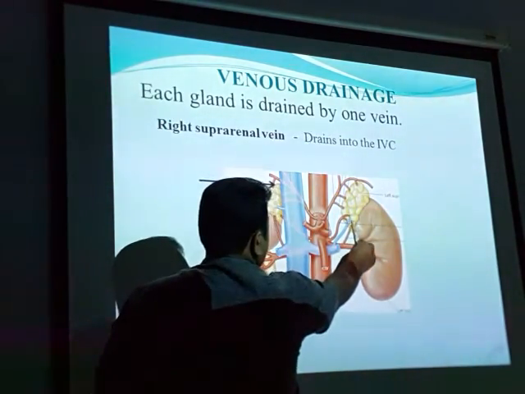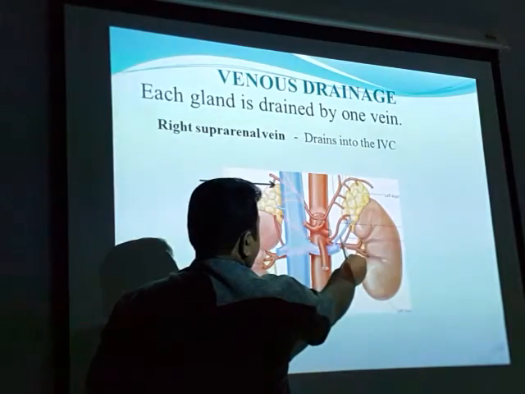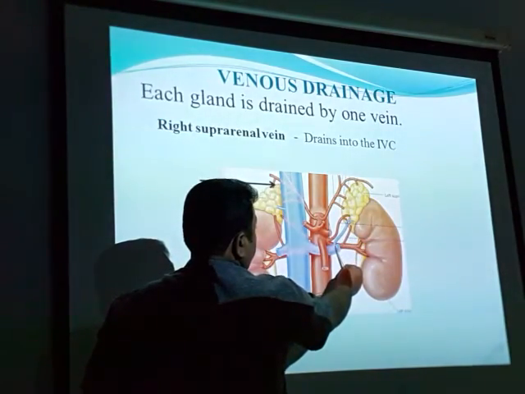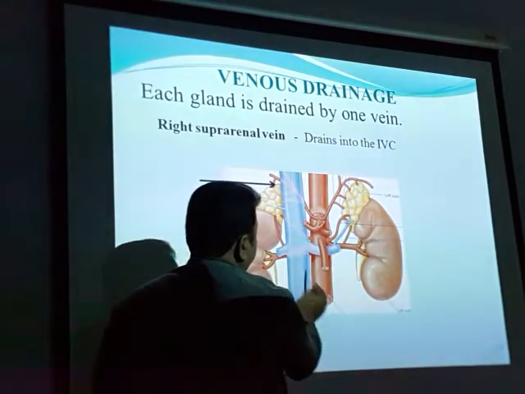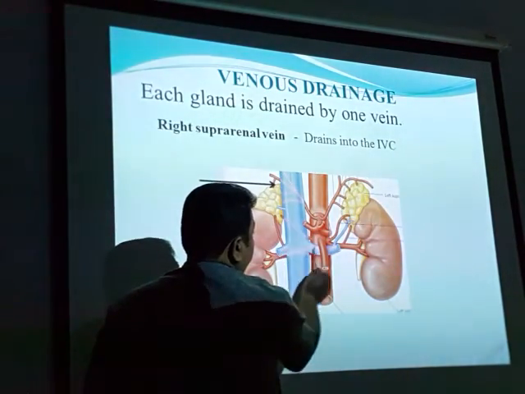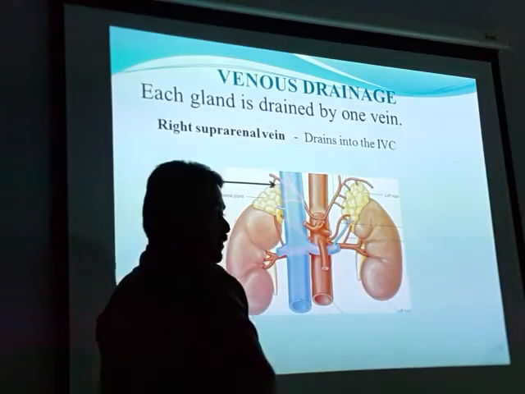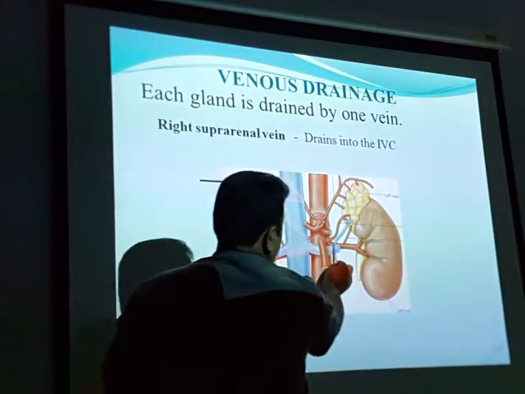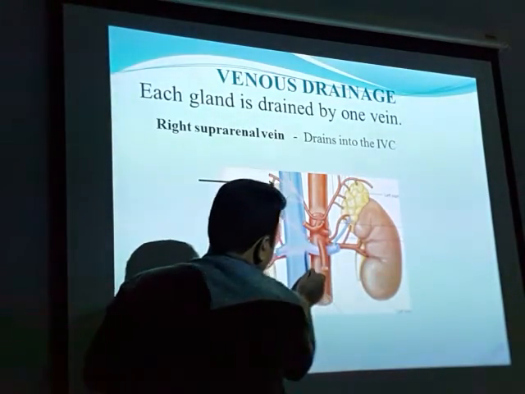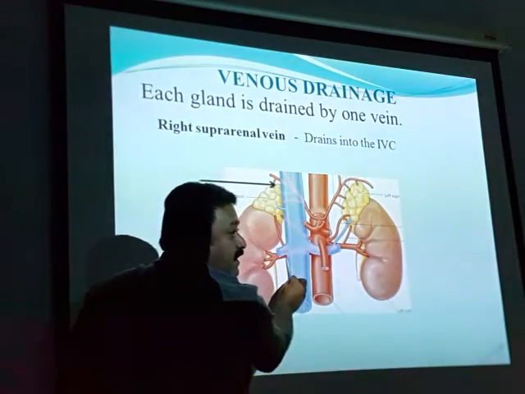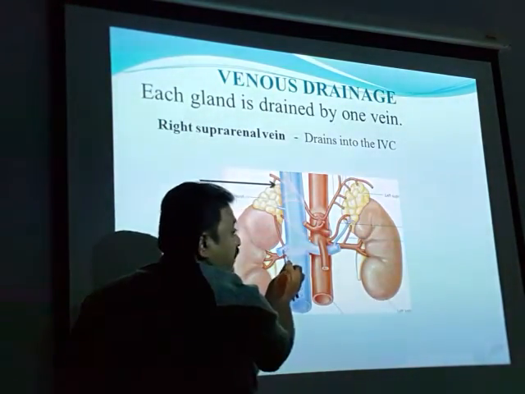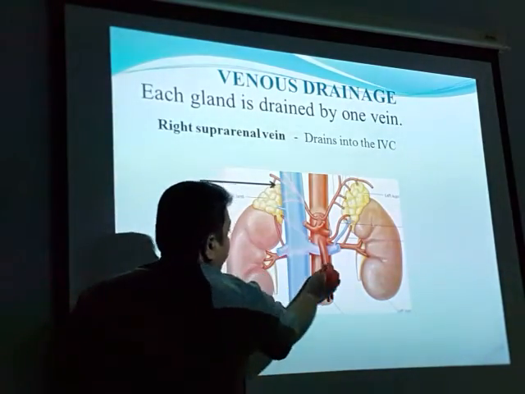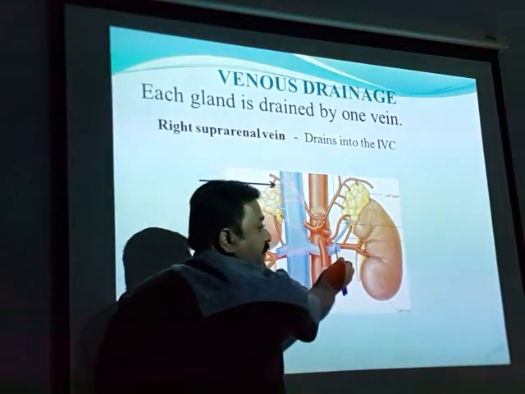Whereas the left suprarenal vein drains into the left renal vein. This is the right renal vein and the left renal vein. From the abdominal aorta come the left renal artery and the right renal artery. Similarly, this is the inferior vena cava with the right renal vein and the left renal vein.